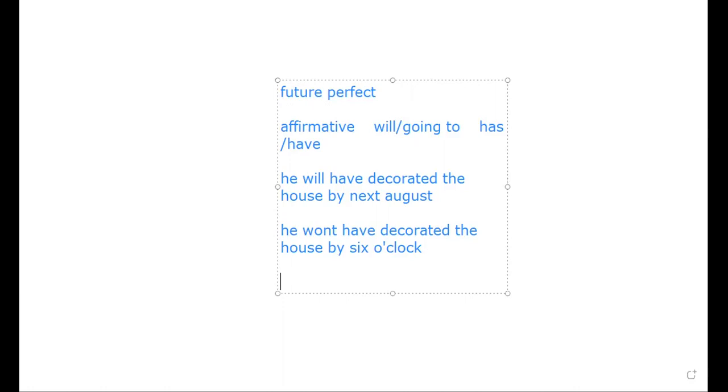Let's make this sentence a yes or no question. If we're going to say yes or no questions, then the question would be: will he have decorated the house by next August?